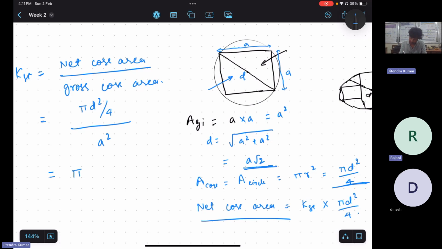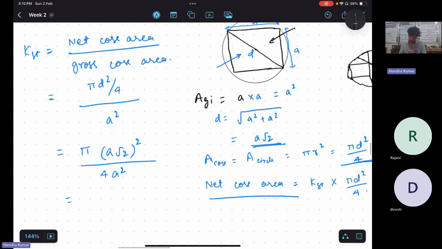So pi into A root 2 square divided by 4A square. How much will it come? 2A square, so pi by 2. Is it pi by 2? Yes, sir, pi by 2. It's 1.57.